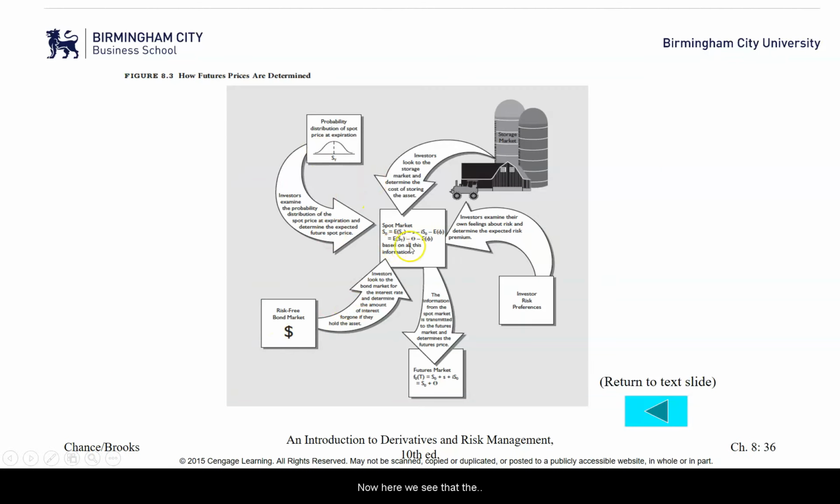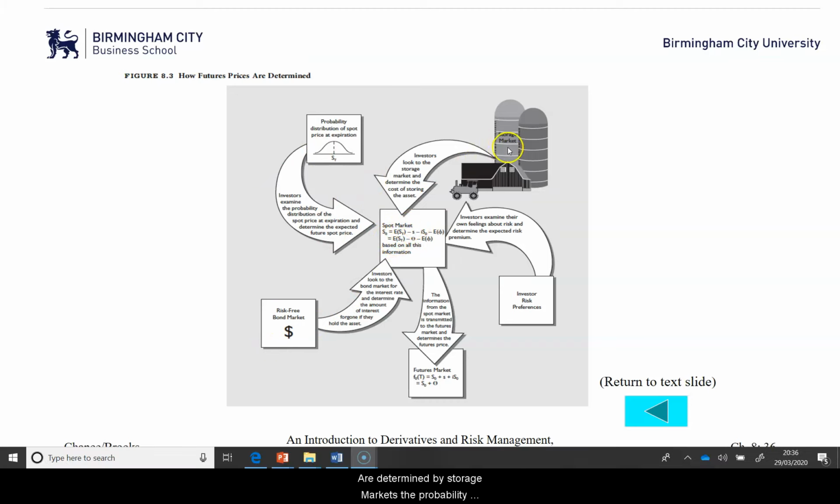Here we see that the prices in the spot markets are determined by the storage market, the probability distribution of spot prices at expiration, the bond market, and the investors' risk preferences, and then the future market is related to the spot market, as we discussed in the previous slide, that the relationship between spot prices will help us understand the pricing of the future market.